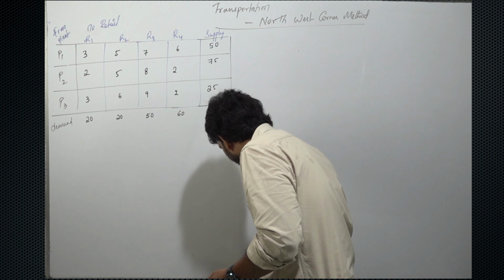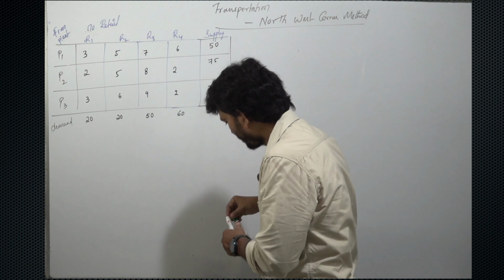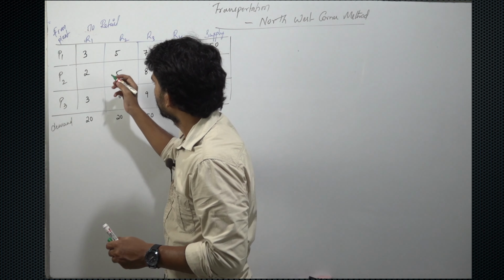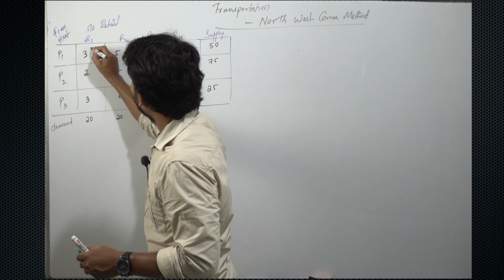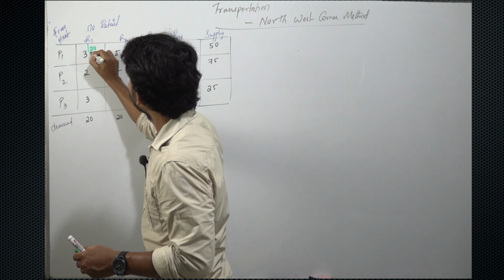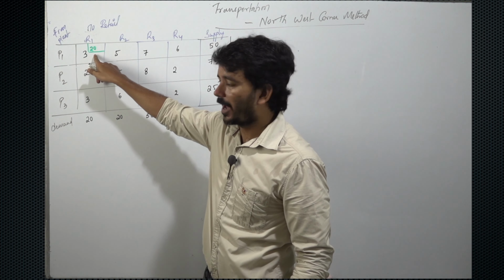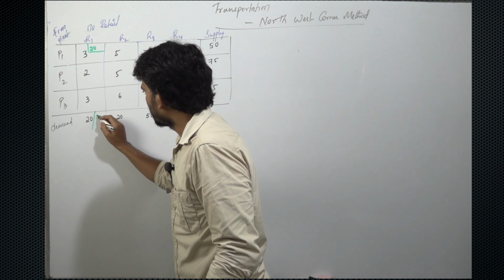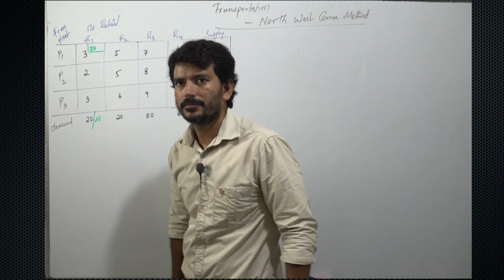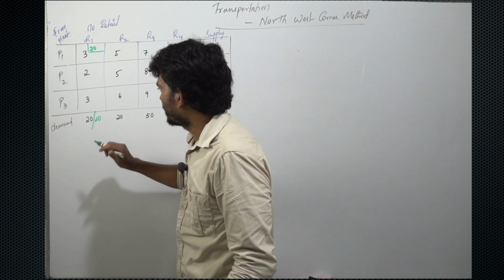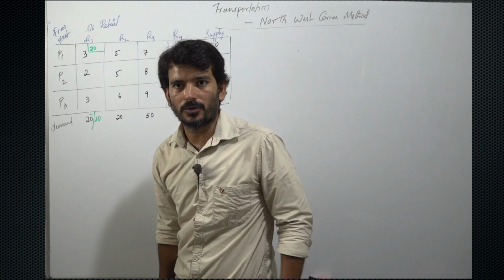So what we will do is, we will give 20 units here. The moment I have given 20 units for R1, this has become 0, so everything is crossed out.